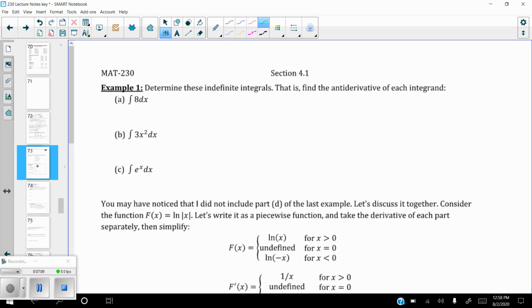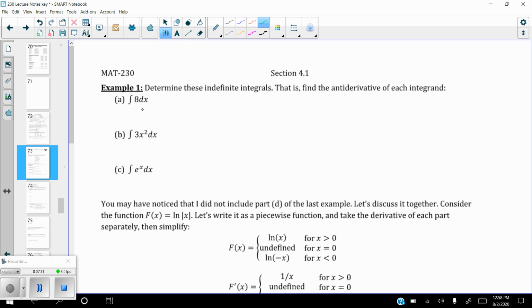So let's go ahead and see if we can figure out the antiderivatives of each one of these integrands. The integrand meaning what's inside the integral, the thing you are taking the integral of. So in the first one, I am supposed to be taking the integral of 8 dx. Remember, the integral tells us that we integrate. The dx tells us the variable that we're using.